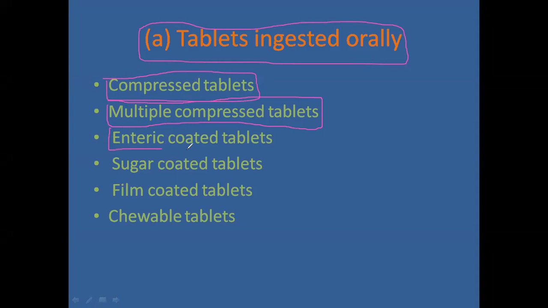Third one is enteric coated tablets. Then we have sugar coated tablets. Then film coated tablets, and the last type of tablets ingested orally is chewable tablets. So in the coming part of the lecture we are going to see in detail regarding each type of tablets which are ingested orally, from compressed tablet to chewable tablets.